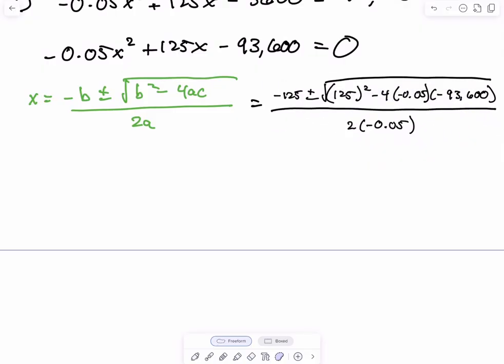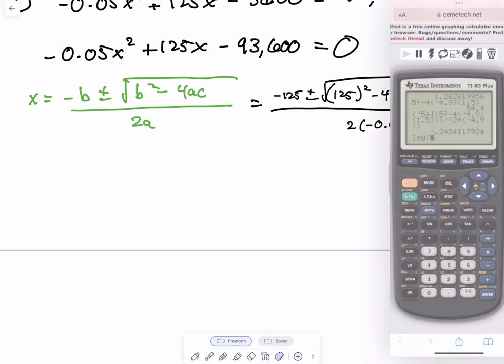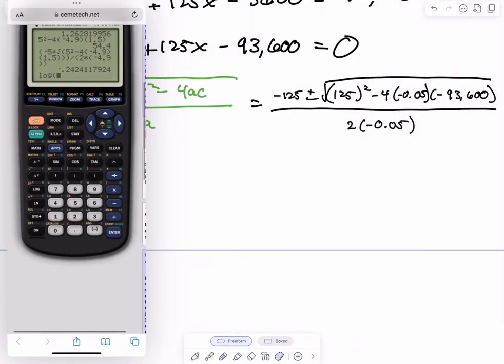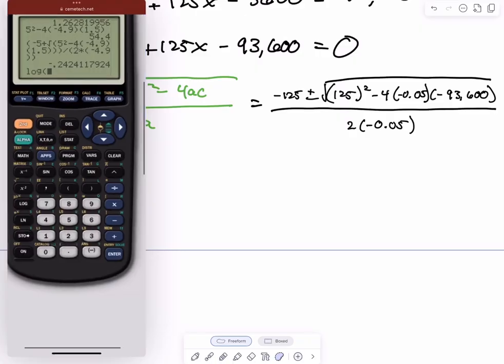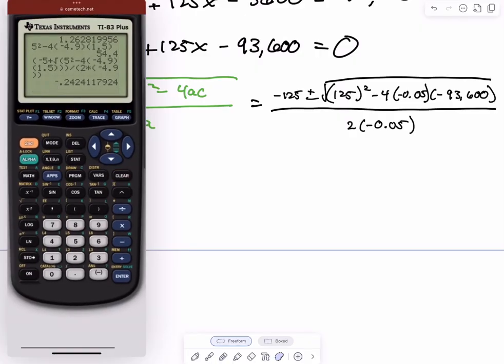Okay. So I'm just going to use my calculator. I'm going to do my minus first. So my numerator, I have negative 125 minus the square root of 125 squared minus 4 times negative 0.05 times negative 93,600.